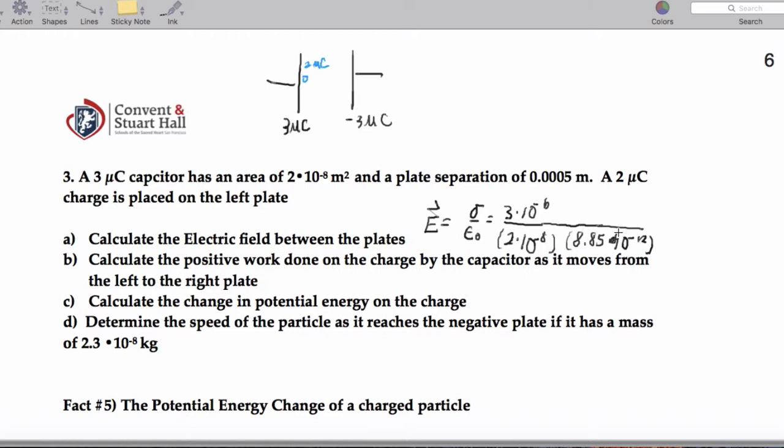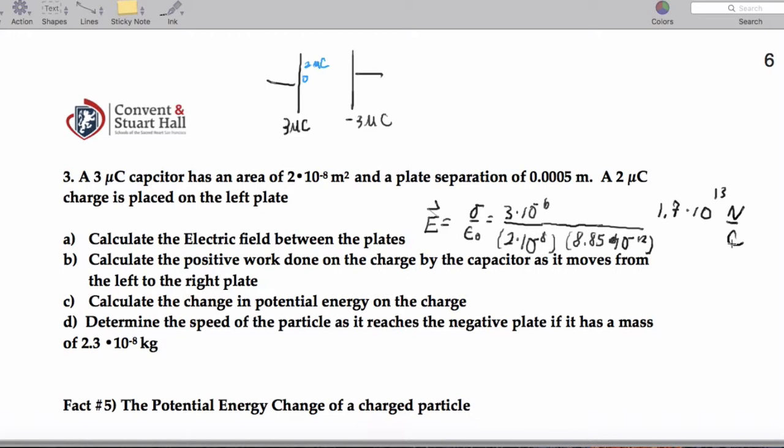And so we end up getting, I'm getting quite a big number. I'm getting 1.7 times 10 to the 13th newtons per coulomb. Quite a big number. I'm going to just double check that one more time.